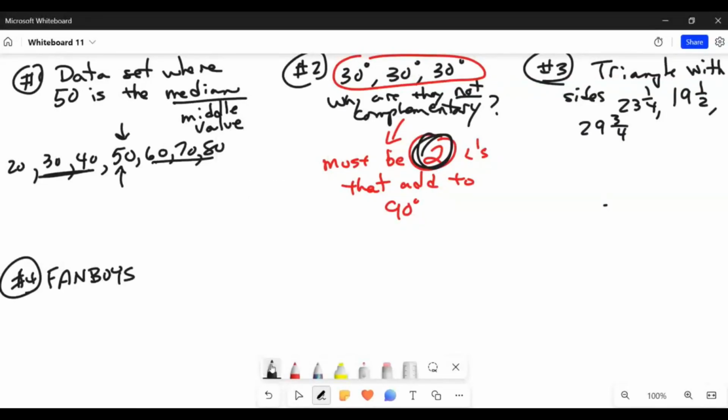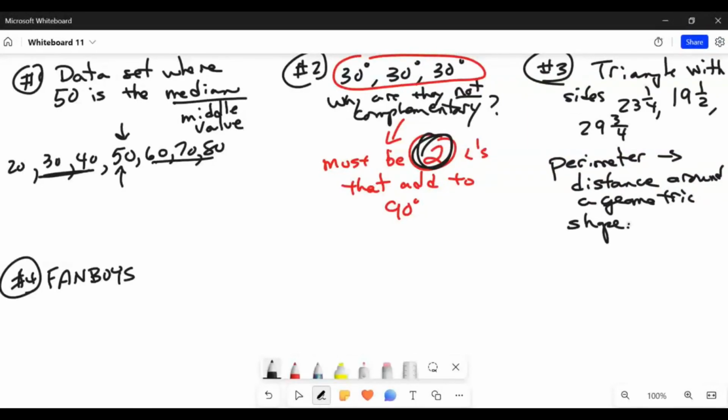For number 3, we had to find the perimeter of the triangle. Perimeter means distance around a geometric shape. We had 3 sides, and these numbers are given to us as mixed numbers.